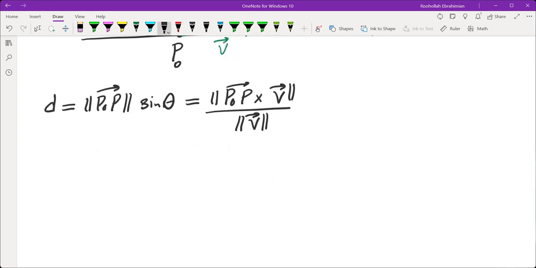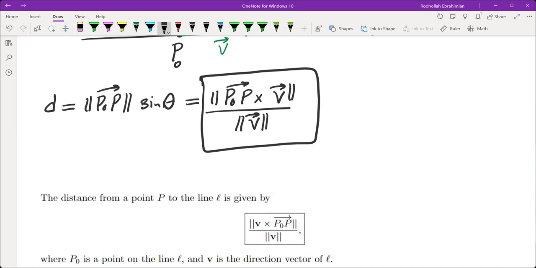So the distance from a point P to the line containing P0 is the magnitude of P0P cross V divided by the magnitude of V. It's a useful formula.